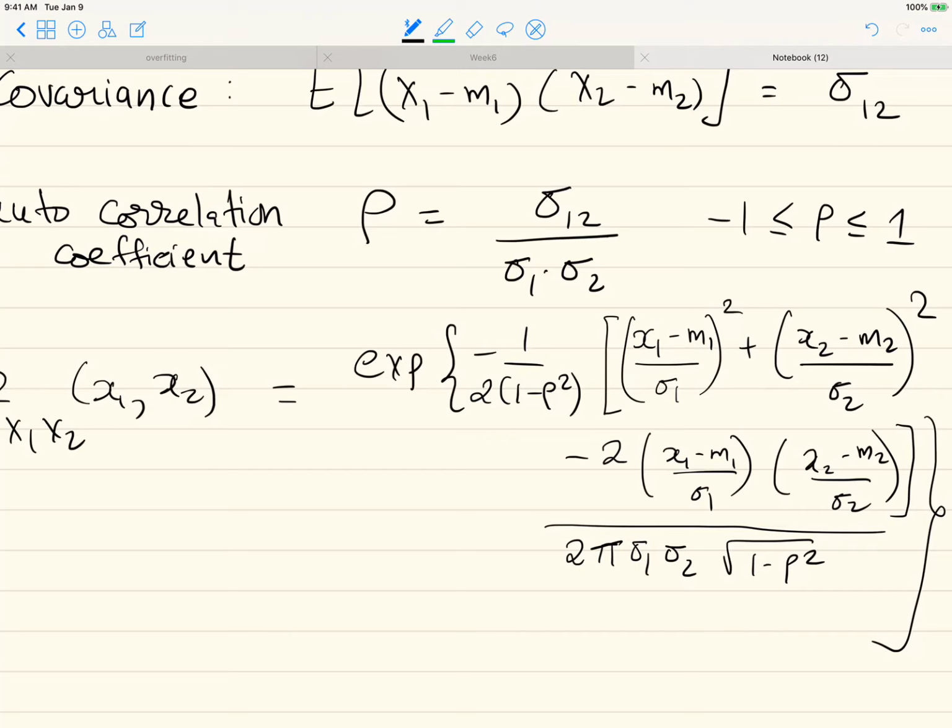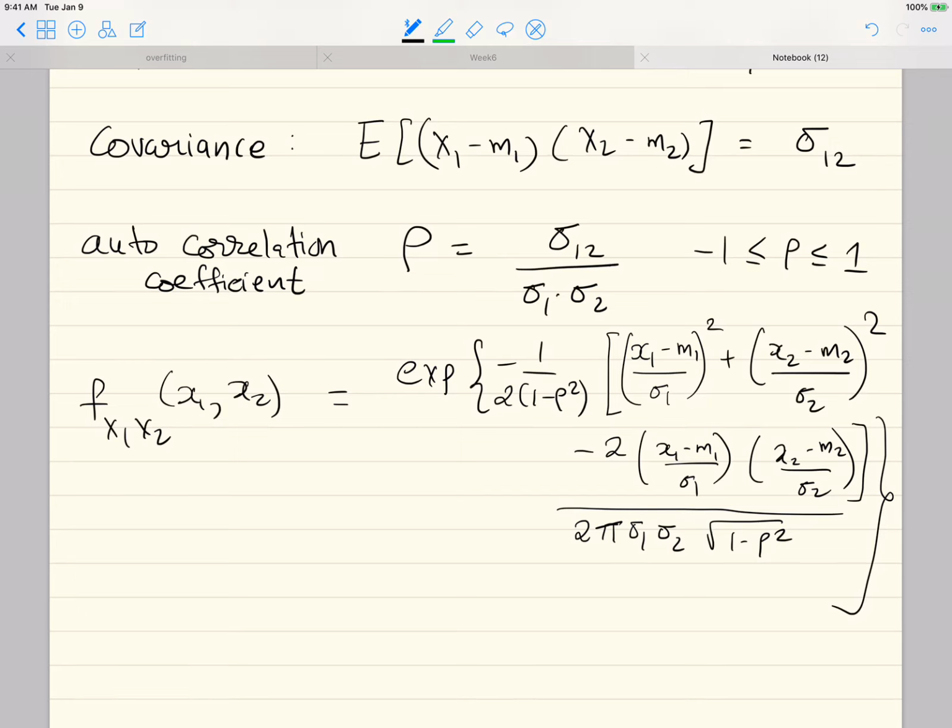So what does that have to do with this f_X1X2? It's the joint probability density function, joint PDF. Does this ring bells? I was told by the 302 instructor that this was covered, at least when they taught it.